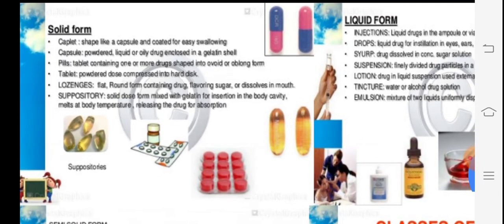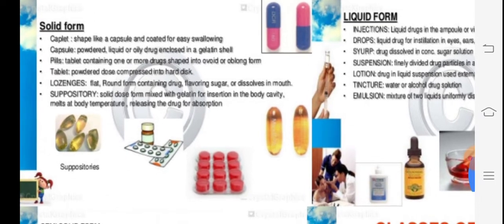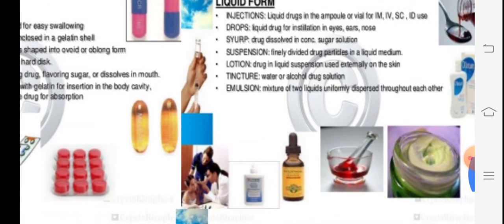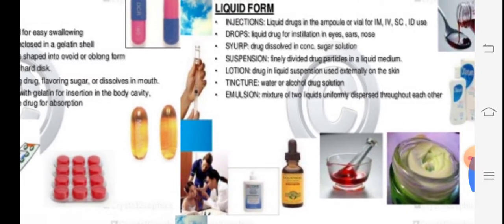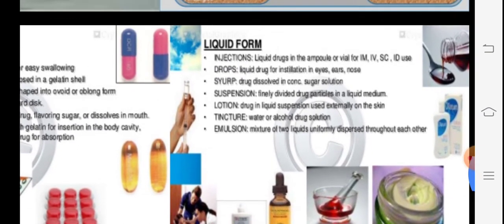These different forms are tablets, pills, capsules, lozenges, and suppositories. In liquids, there are syrups, drops, suspensions, tinctures, and emulsions.